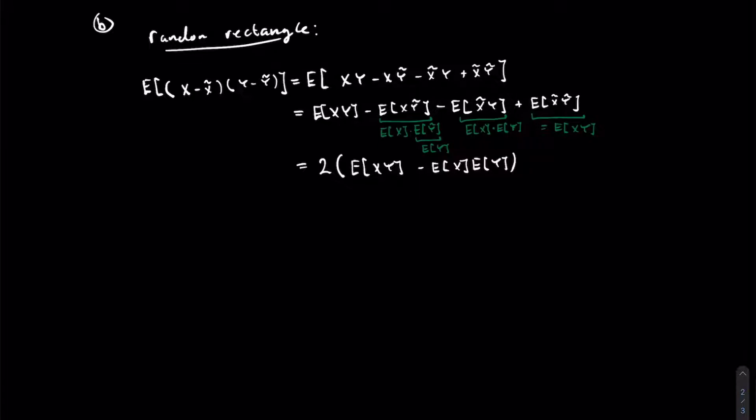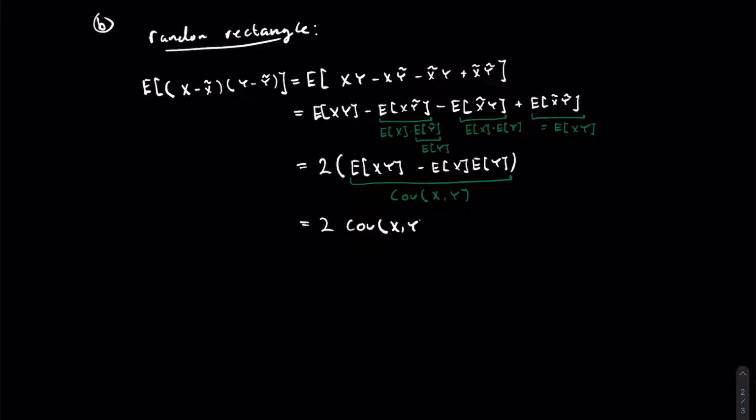Right, so we have two of these terms and two of these terms. And this term inside the parentheses is the definition of the covariance of x and y. So we have here 2 times the covariance of x and y.